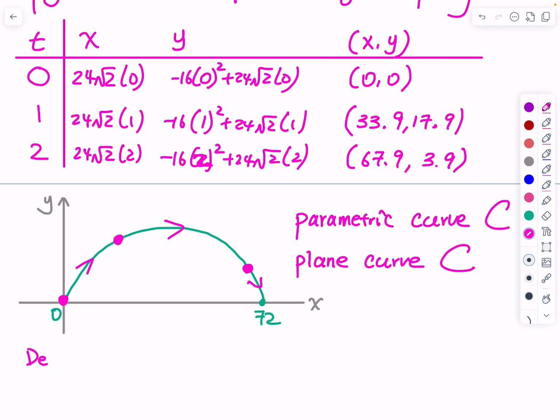Definition of a parametric curve, plane curve.